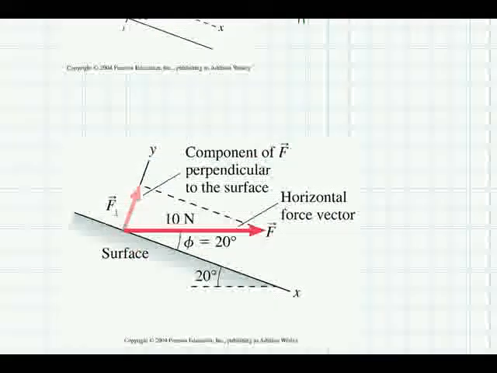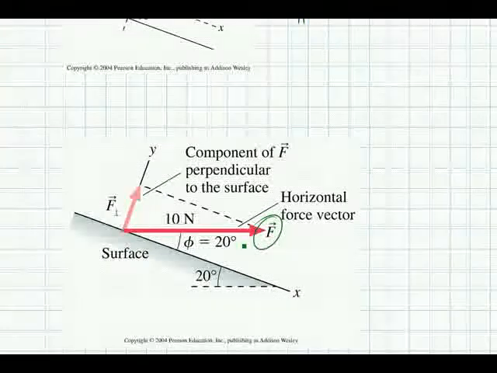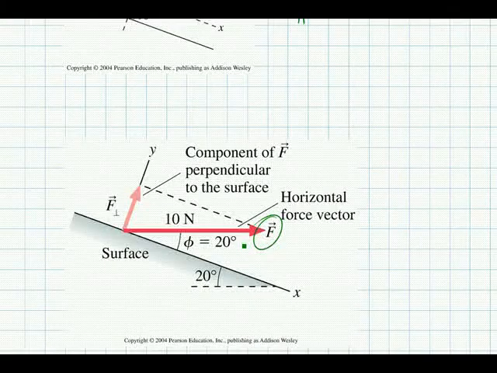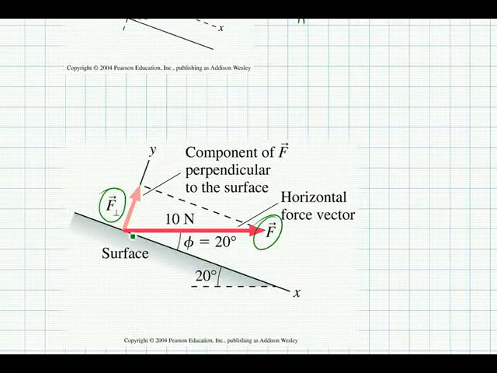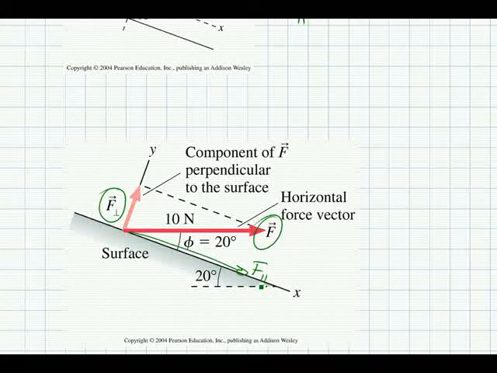For example, here we have a force F acting on a surface at an angle which is 20 degrees with respect to that surface. So if that surface is our arbitrary reference level, then we can talk in terms of the perpendicular force to the surface and also the parallel force to the surface, which would be this force here.